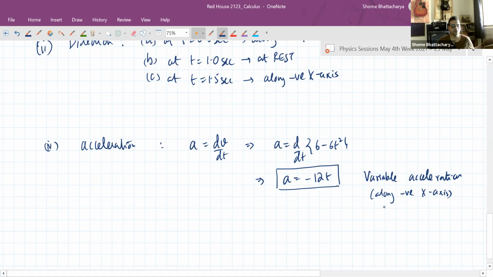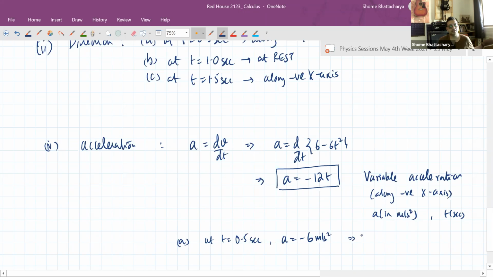Anyhow, so here our acceleration will be in meters per second square because our velocity was in meters per second. Okay, and time is substituted in seconds in this expression. So again, you can see that at t equal to half a second, the acceleration is minus 6 meters per second square.